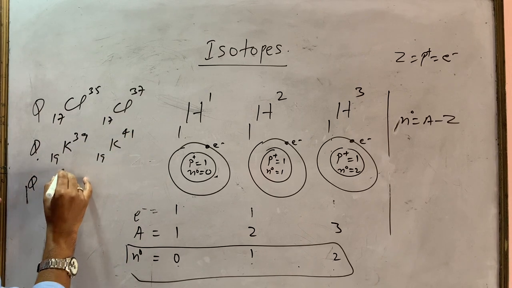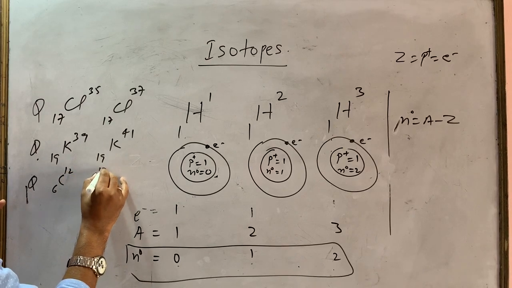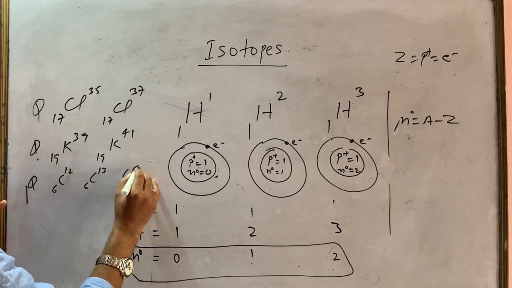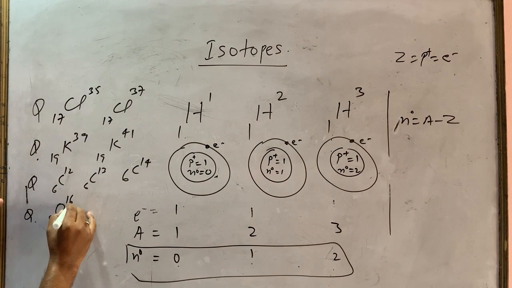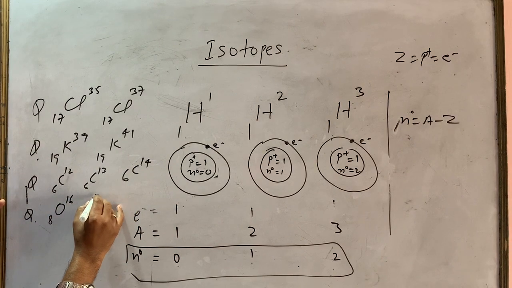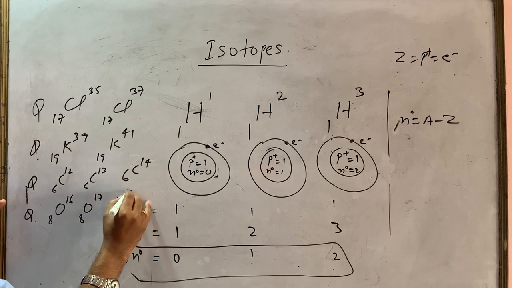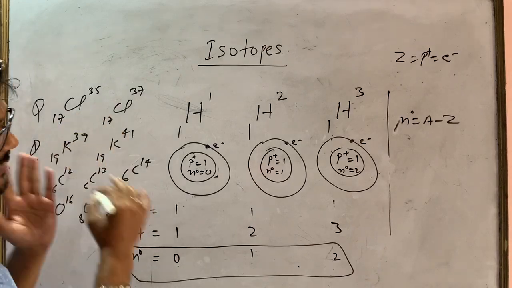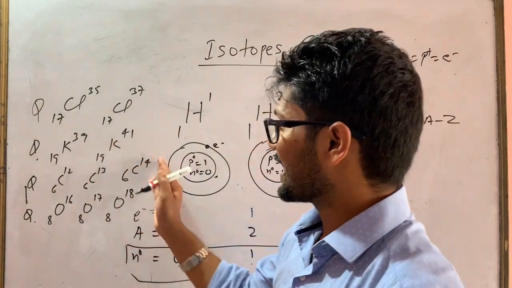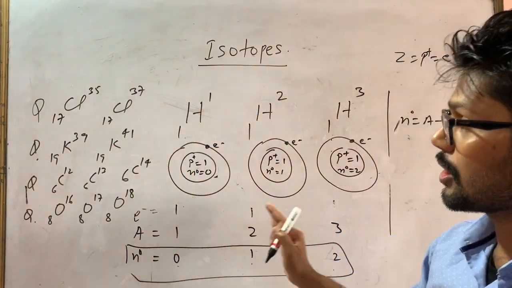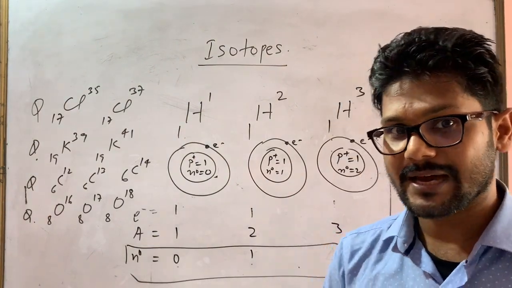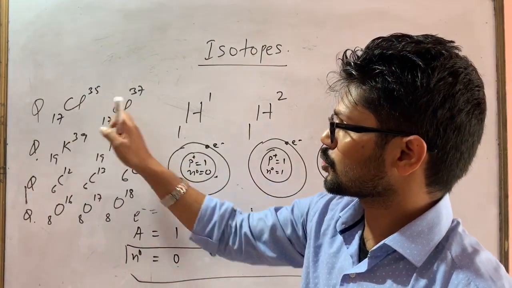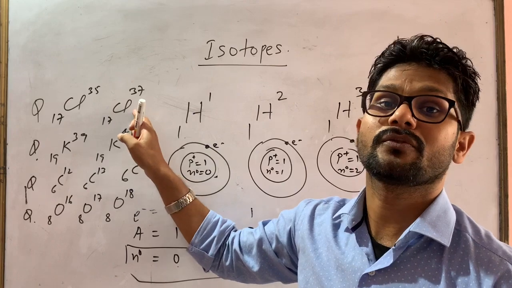Next is potassium-39 (atomic number 19) and potassium-41. Next is carbon-12, carbon-13, carbon-14, and more are oxygen-16, oxygen-17, oxygen-18. So these are all isotopes of different atoms. Try to write the electrons, protons, neutrons, and the mass number is already given. Then you will find that each isotope has a different number of neutrons.